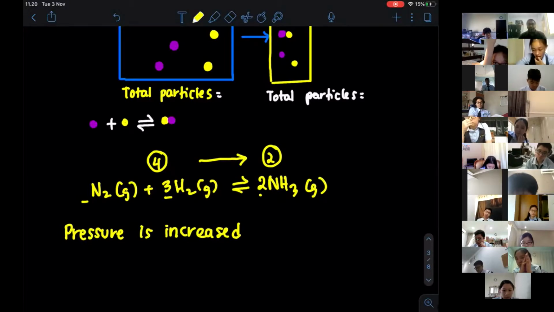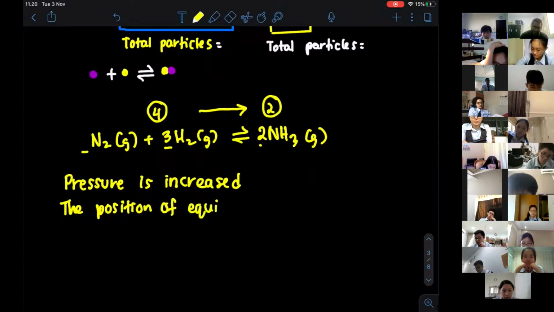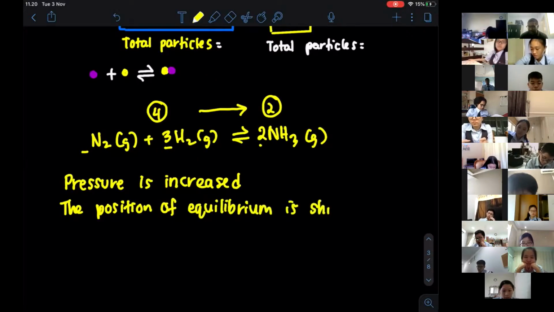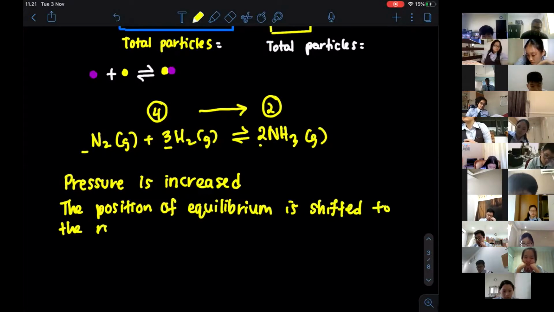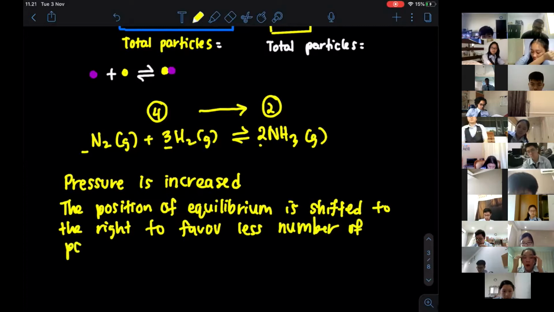So what do I write over there? When the pressure is increased, the position of equilibrium is shifted to the right to favor less number of particles.